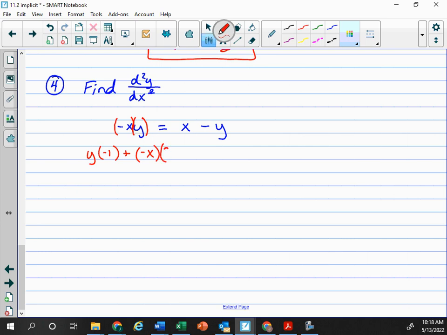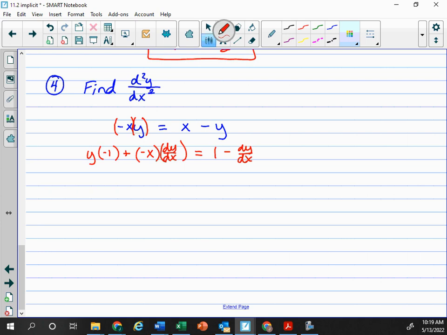You can write the 1 if you want, but definitely need the dy/dx. Over on the right side, they're not multiplied. You can just use the power rule, all the stuff you've been doing so far. So what's the derivative of x? 1 minus the derivative of y. We okay with that so far?